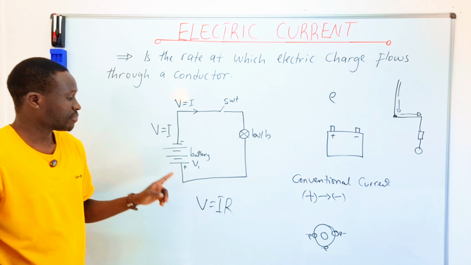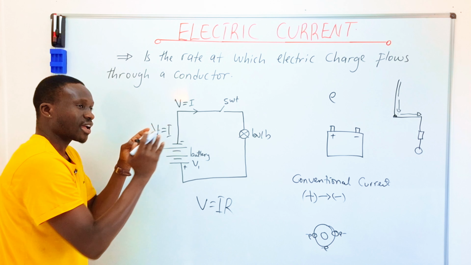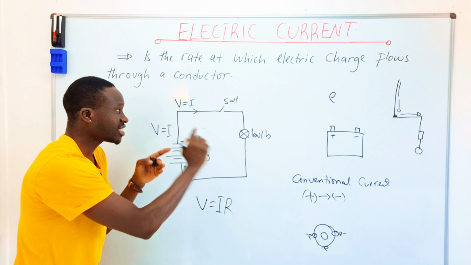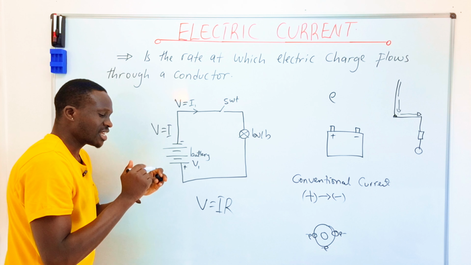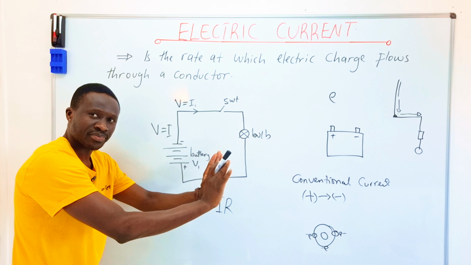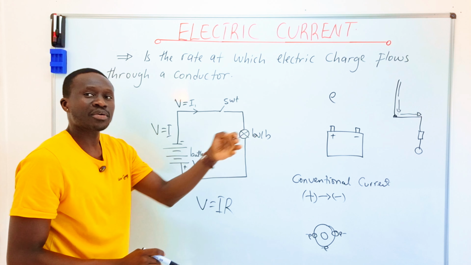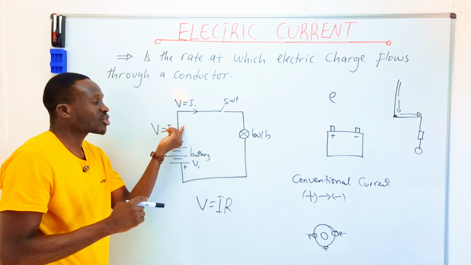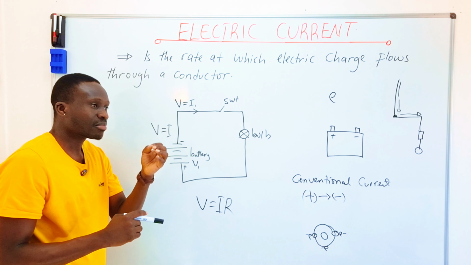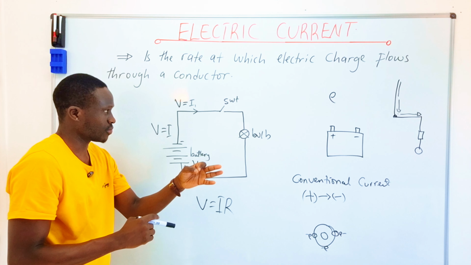Because voltage pushes this current, and in the moment of pushing, there is resistance in the cable. Every material has some resistance. If it is a copper wire, it has some resistance value inside the copper material.